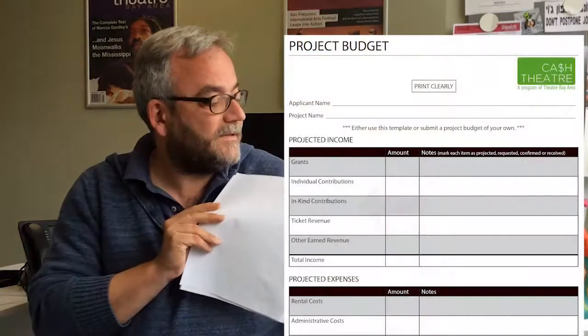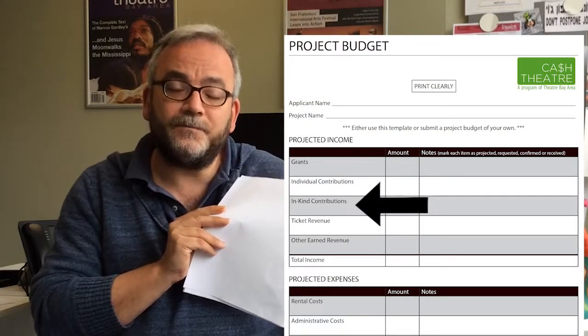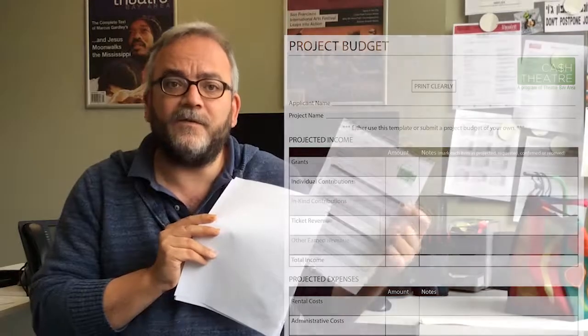Another item to discuss is in-kind contributions. So we often will receive things to support our work, such as complimentary space, some free consulting, fill in the blank, whatever you might be actually receiving that you're not paying for. So those items have a value.